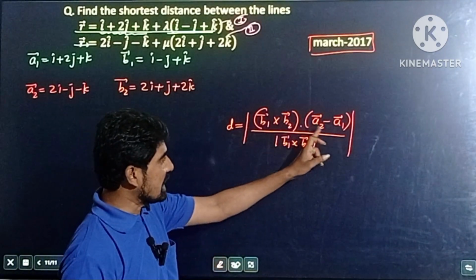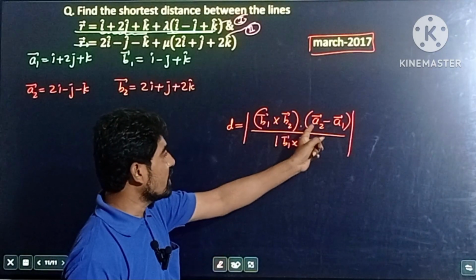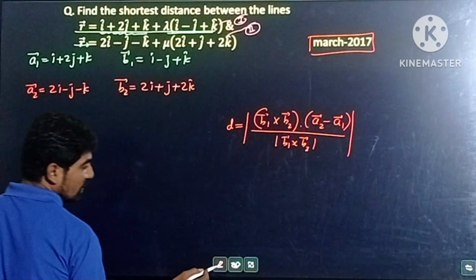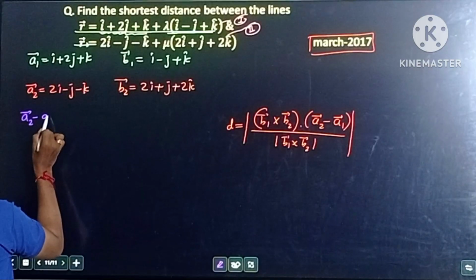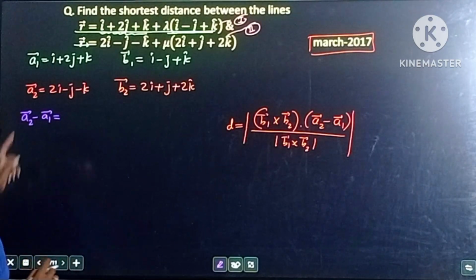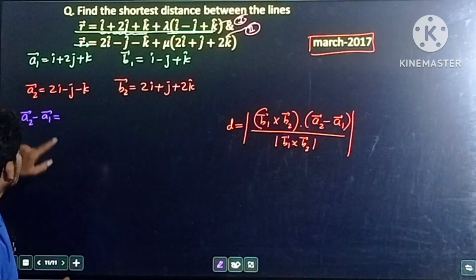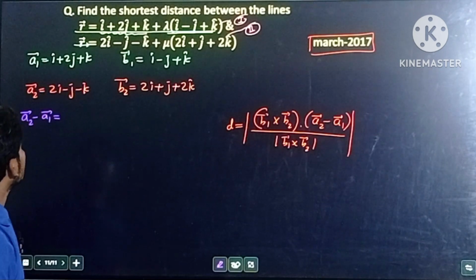The required values are, first, a2 vector minus a1 vector. Here a2 vector is 2i minus j minus k and a1 vector is i plus 2j plus k.